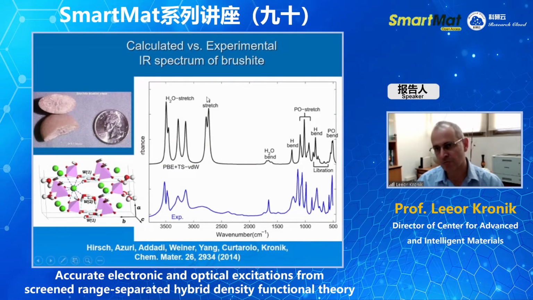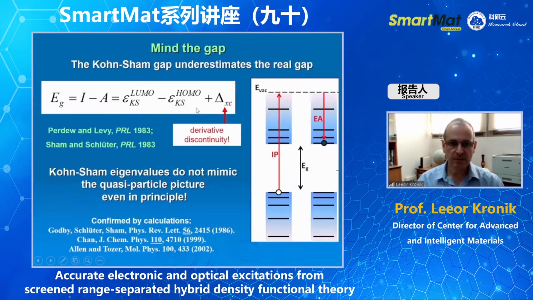So really a broad range of applications. However, and this is what I'd like to focus my talk on, there are also issues that don't quite work so well with DFT in the standard functionals.